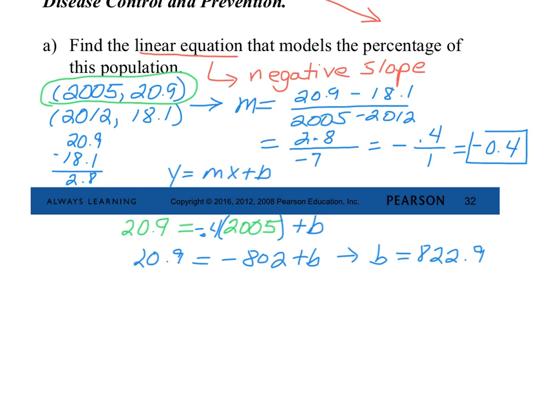So my equation in slope-intercept form is y, which is the percentage, is equal to negative 0.4 times x, which is the year, plus 822.9, and that should be the equation that models the population.